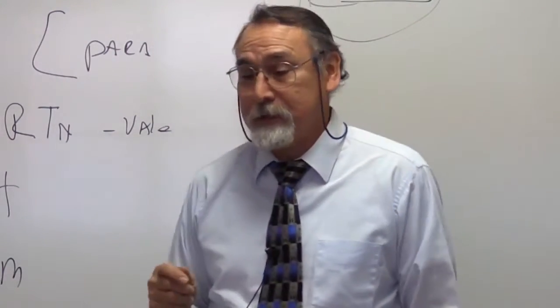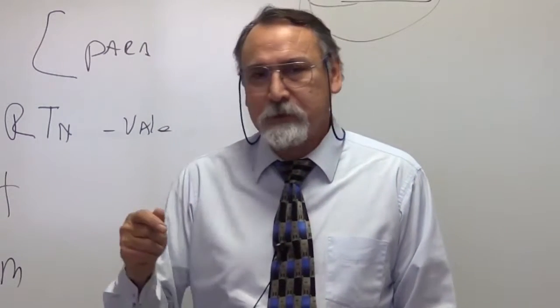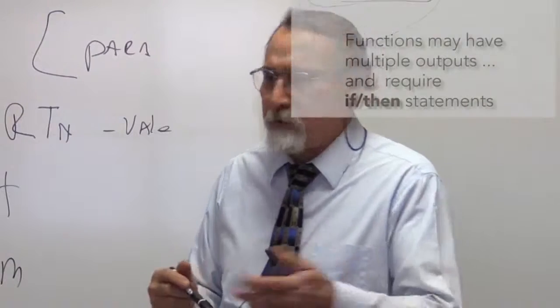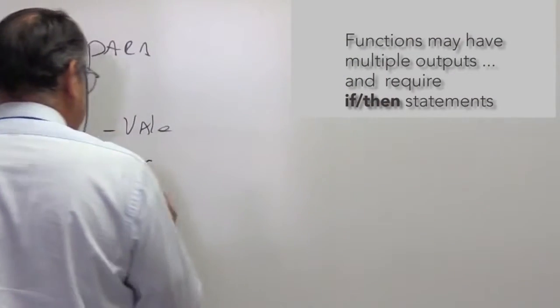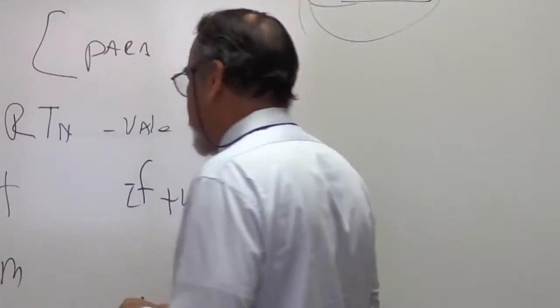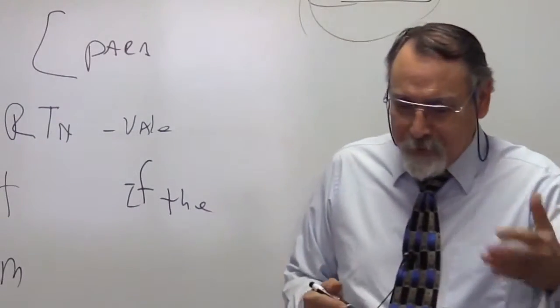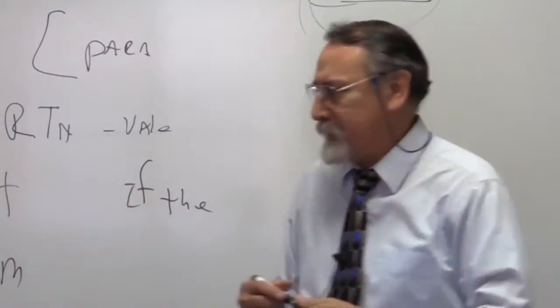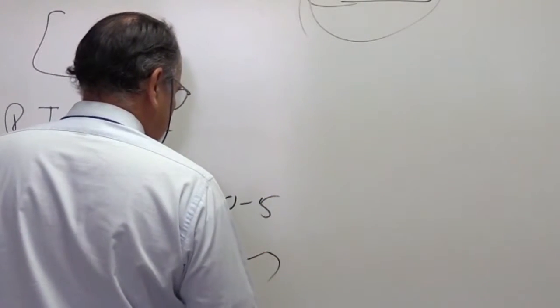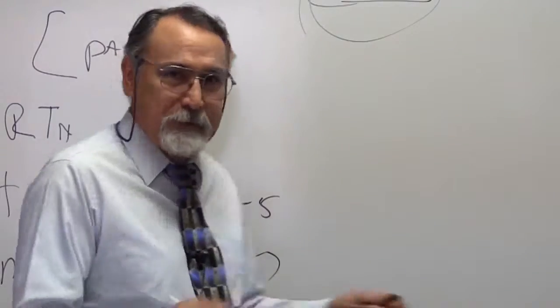Now, the other interesting thing about a function is that it can have multiple outputs. It is one of the few events where you can actually use an if, then. Remember we talked about the retirement process where you had 0 to 5, 5 to 7, and 7 to 10 for the retirement.